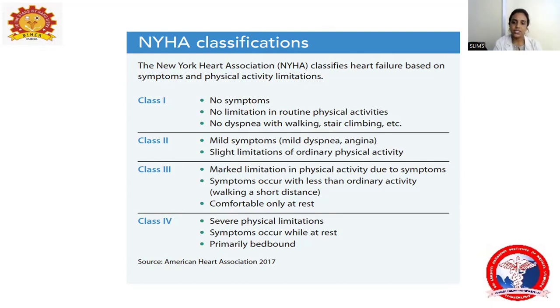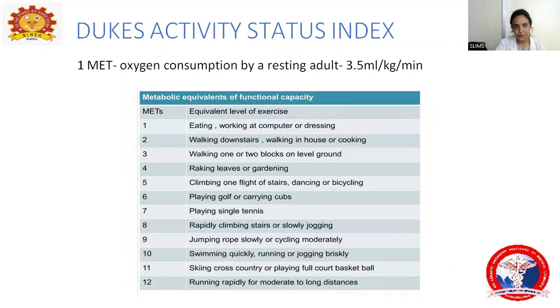Class 3, marked limitation in physical activity due to symptoms, and symptoms occur with less than ordinary activity, like walking a short distance, and they are comfortable only at rest. Class 4 consists of severe physical limitations. Symptoms occur while at rest, and they are primarily bed-bound.